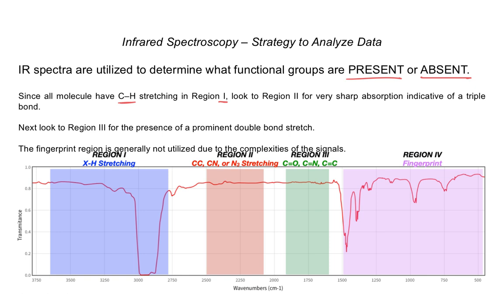So really you go to region 2, is there anything there, yes or no? And then the same for region 3. So you're developing an intuition and you're applying logic to see what bonding patterns could be present in a molecular formula that I'm giving or a parent mass.